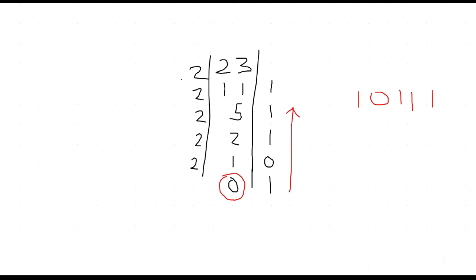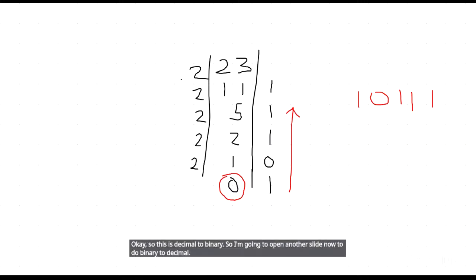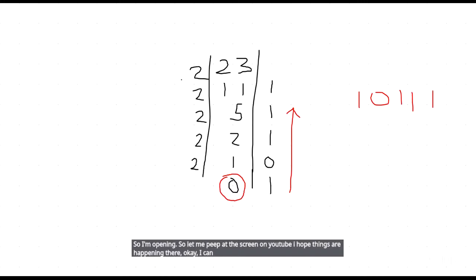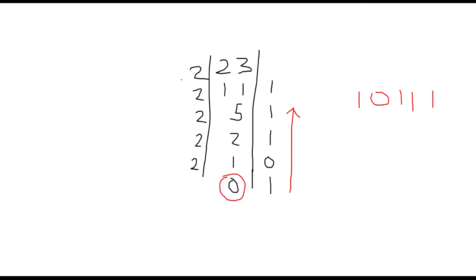So I'm going to open another slide now to do binary to decimal. Let me peep at the screen on YouTube. I hope things are happening there. Okay, I can see what I'm doing is there. Fine. Now I'm opening a new whiteboard.